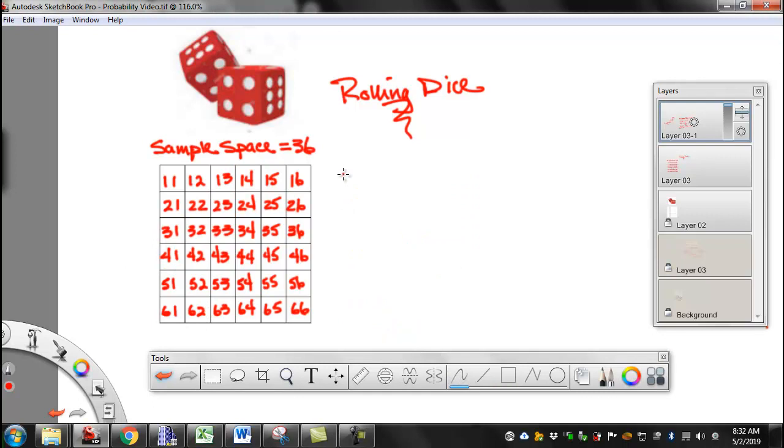Okay, let's find another probability. Let's see how many ways we can roll a 7. I can see 6 plus 1 is a 7, so let's count those up. There's one way, a 5 and a 2, 2 ways, a 4 and a 3, and then it goes back the other way, a 3 and a 4, a 2 and a 5, and a 1 and a 6. Let's count up those different ways.